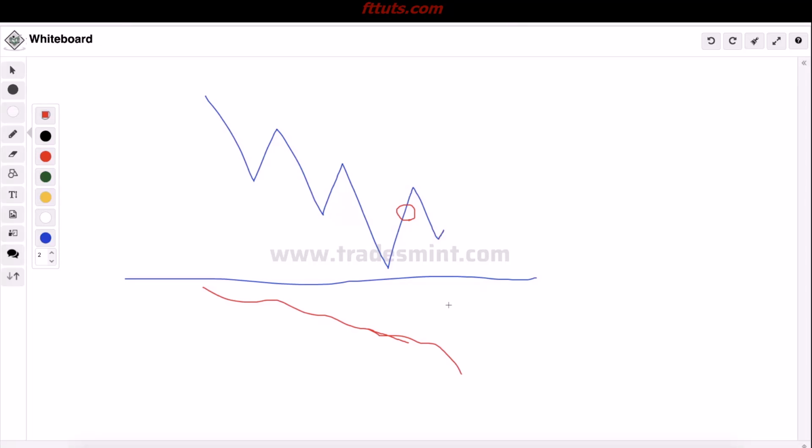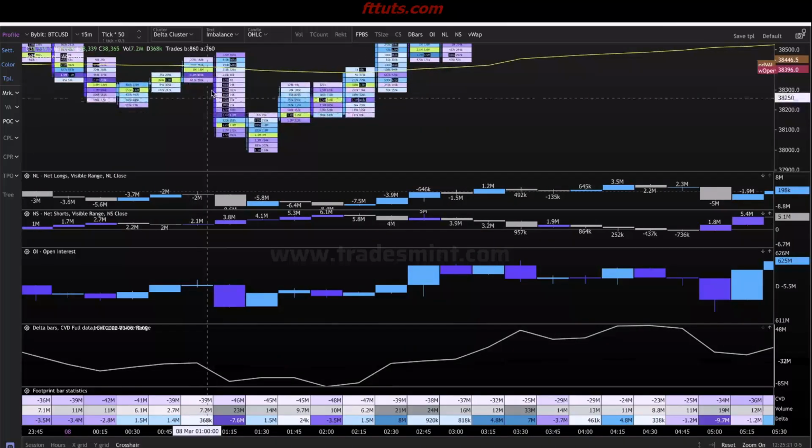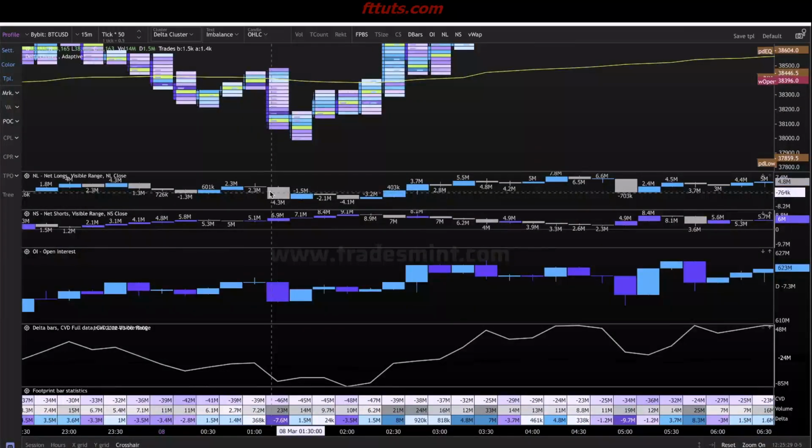The second thing, and the most important thing that we're going to look for, are trapped traders. So the best CVD divergences are going to come about when we see massive amounts of volume coming in, an abnormal amount of volume, okay? Now, people always ask, how do we know if it's high volume, right? Well, it's all relative.